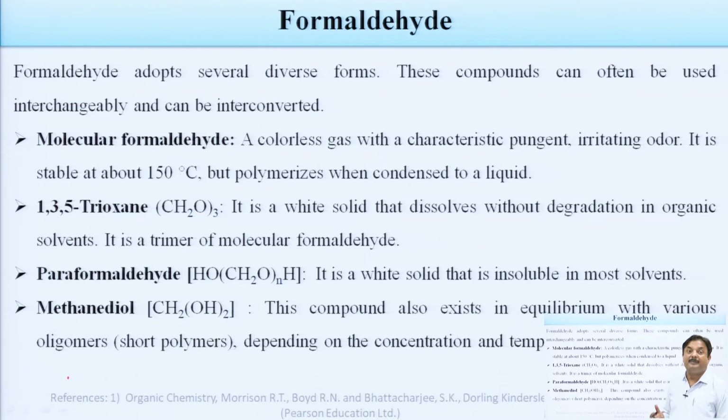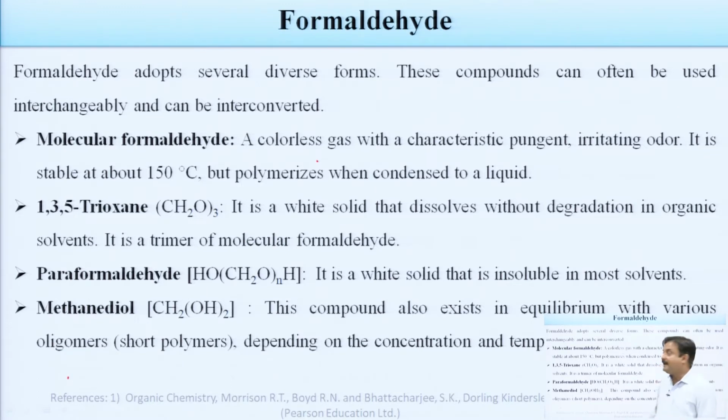What is molecular formaldehyde actually? A colorless gas with a characteristic pungent, irritating odor. It is stable at about 150 degrees centigrade. The point to be noted is that the stability of molecular formaldehyde depends on the temperature. It is stable at about 150 degrees, but polymerizes when condensed to a liquid.